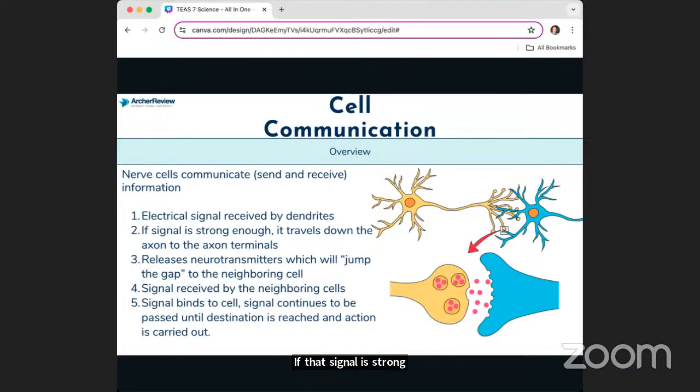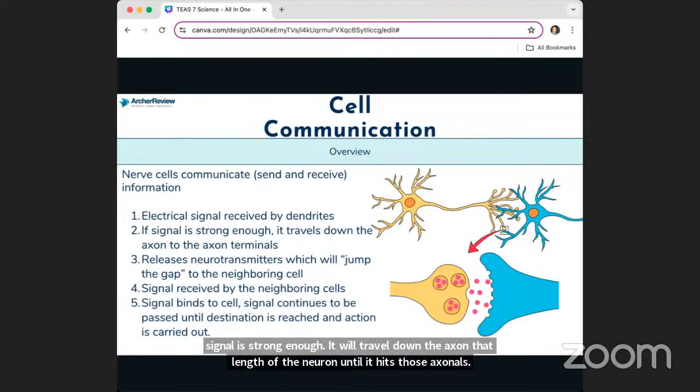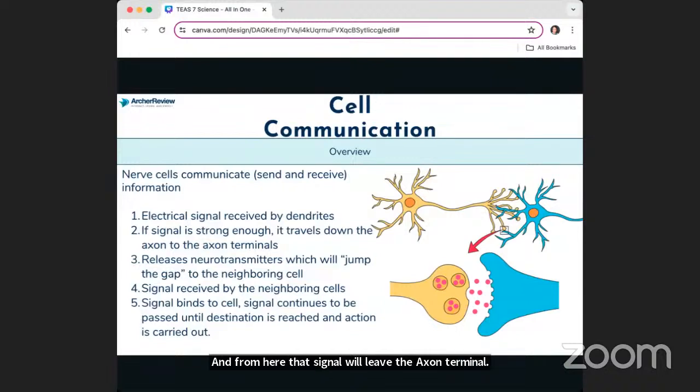And from here, that signal will leave the axon terminal, and it's released and will jump the gap to the neighboring cell, the next door neuron, where that signal is received, and that signal binds to the neighboring cell, and it just continues to be passed from one neuron to the next until the destination has been reached and the action is carried out.